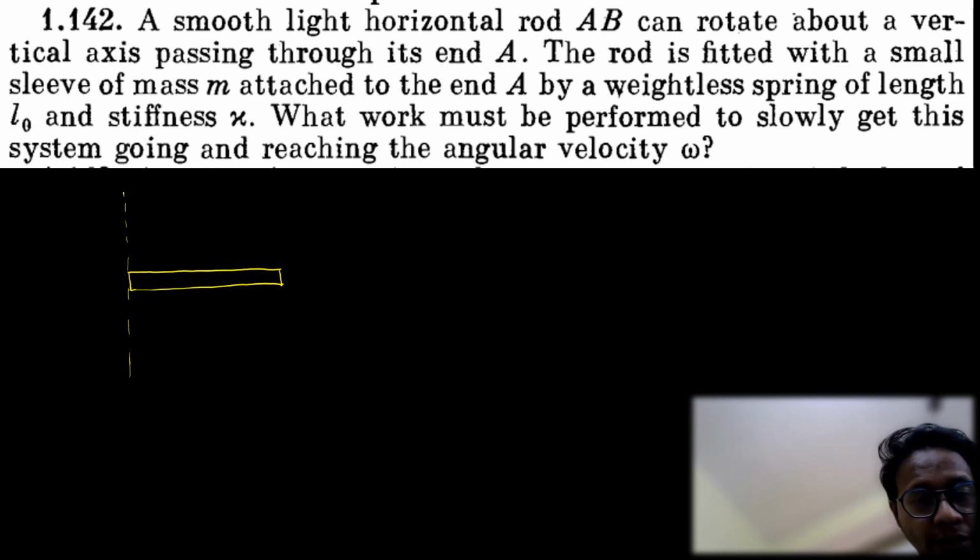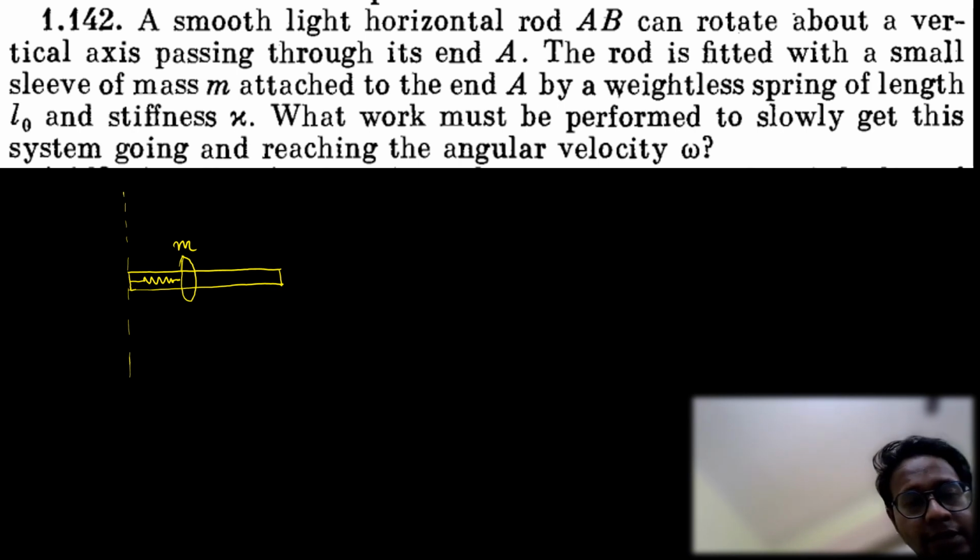At the top of this rod, there is a ring of mass m. The rod is weightless, that means the mass of the rod is 0. Now this ring is connected by a spring at the end of the rod.